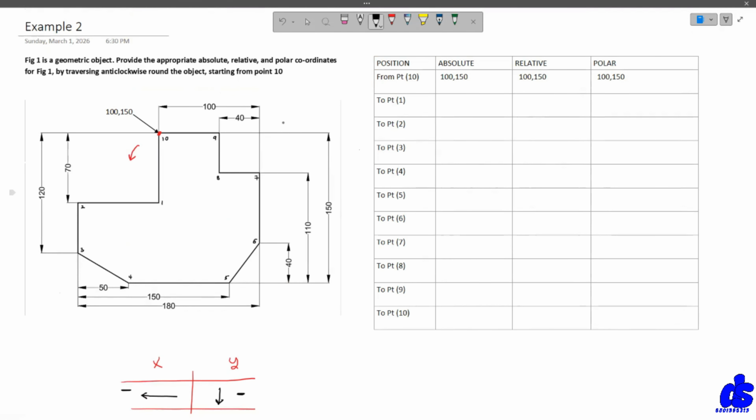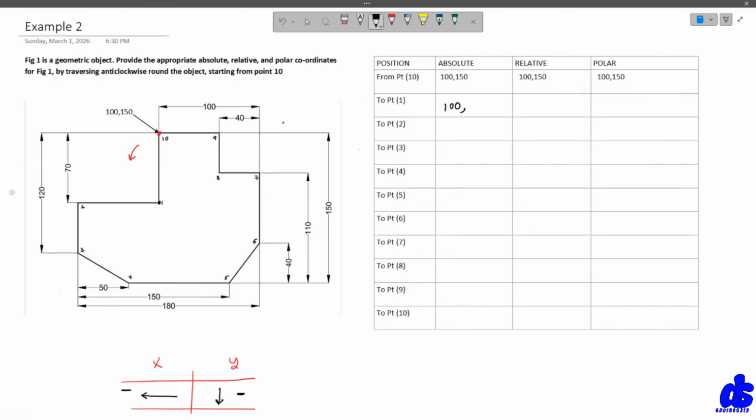Now let's come to point 1. Point 1 is directly below point 10, meaning there's no change in x, meaning the x value is still going to be the same as this. So let's go ahead and write 100.